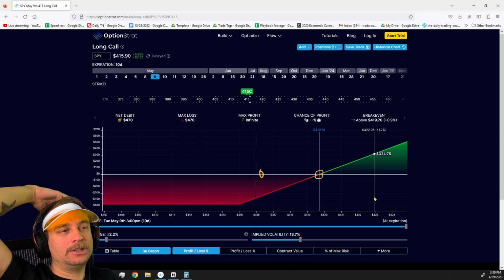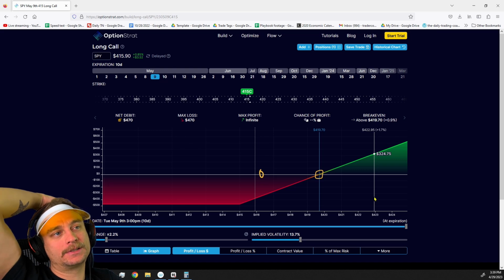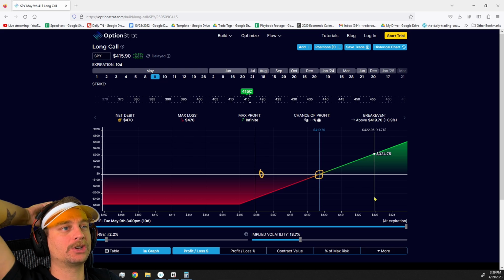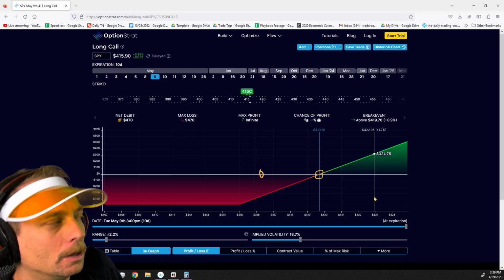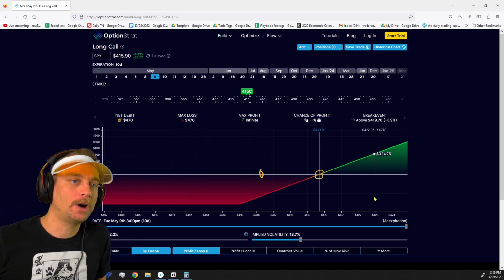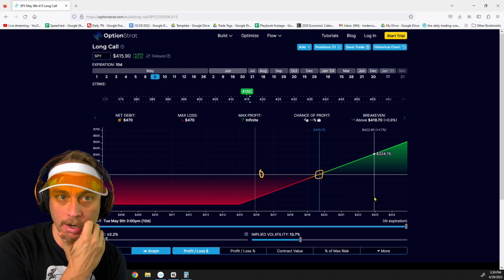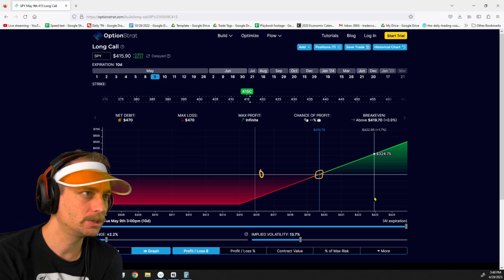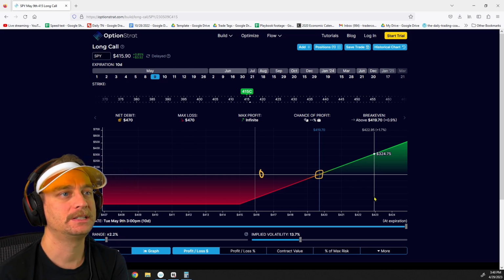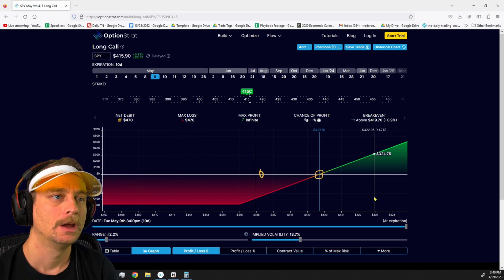So yeah, you've got limited downside risk, but you've got to beat the clock. When you buy a call, you want the market to move right away. It needs to work almost right away, because these things pretty much go to zero.